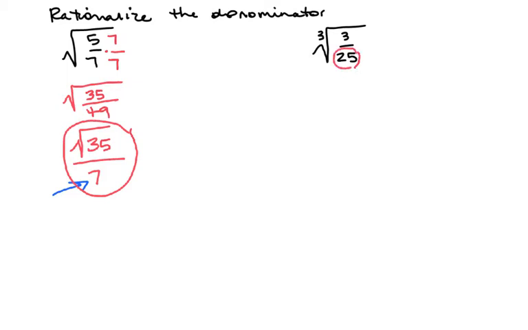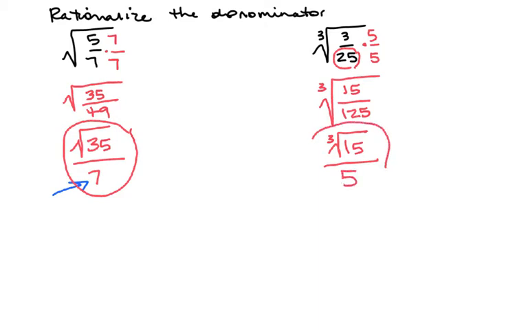Well, 5 cubed is 125, so if we multiply by 5 over 5 under that radical, then we will get the cube root of 15 over 125. And if we go ahead and separate that out, we get the cube root of 15 over the cube root of 125, which is 5. There are no perfect cubes in 15, so we have to leave that like it is.